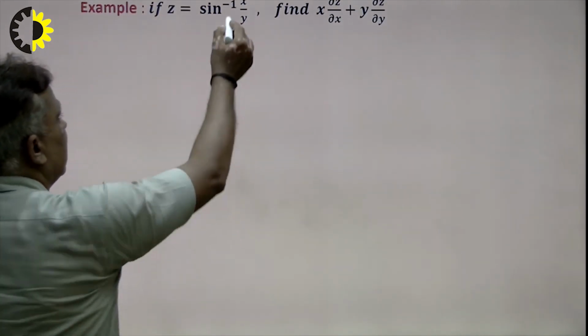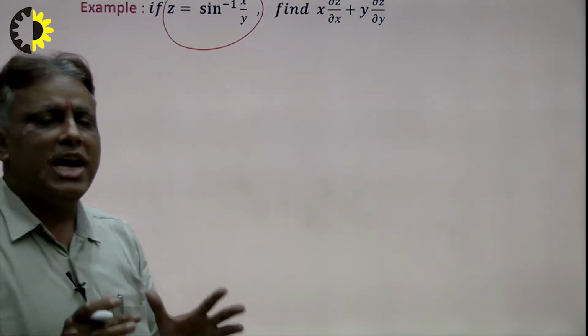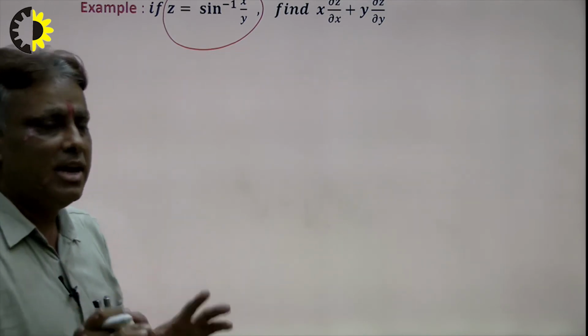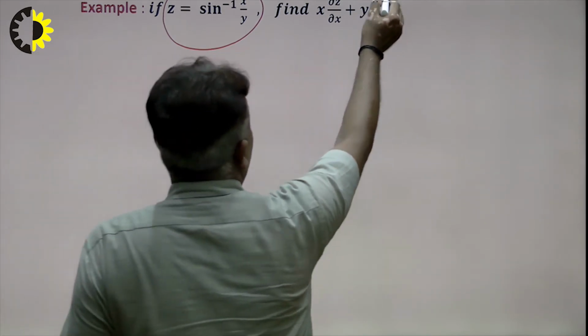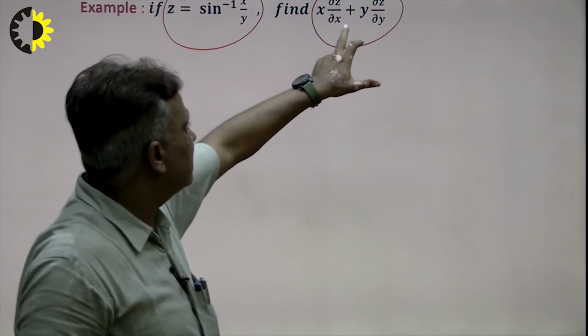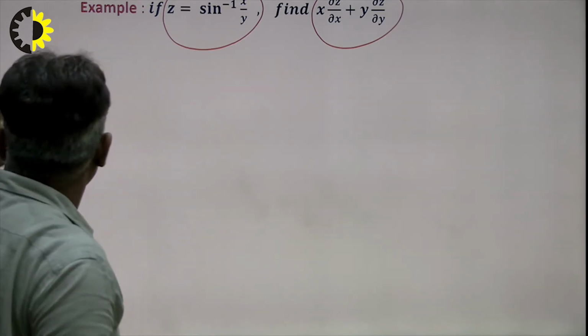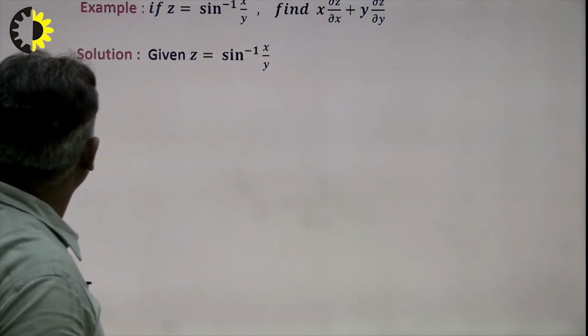This is the problem: z is equal to sine inverse of x upon y. That means z is a function of x and y, and how to calculate this portion? First I see that z is a function of x and of y, with the help of the given condition. Suppose I differentiate partially with respect to x.